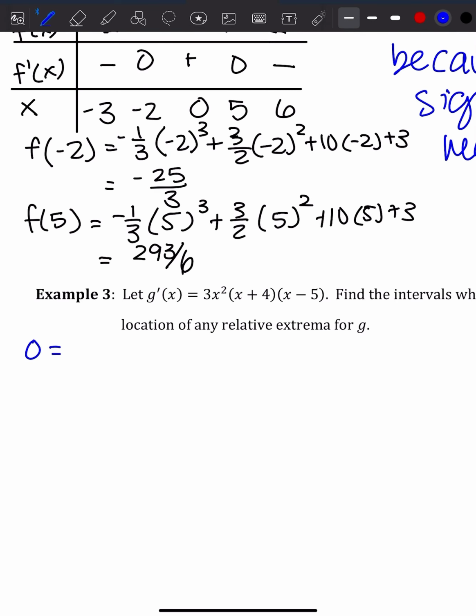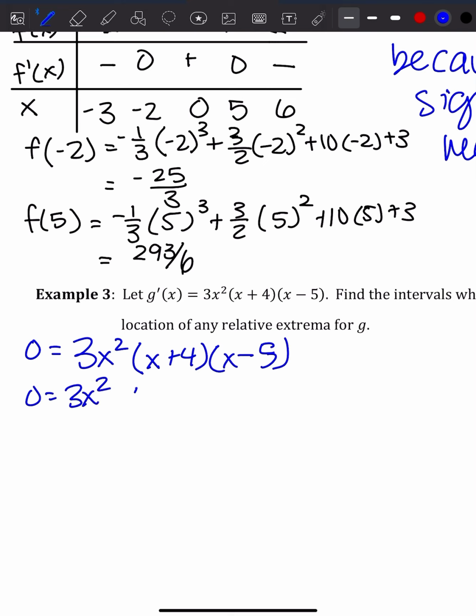So 0 is equal to 3x squared times x plus 4 times x minus 5. So 0 is equal to 3x squared, 0 is equal to x plus 4, 0 is equal to x minus 5. So x is going to equal 0, negative 4, and 5.